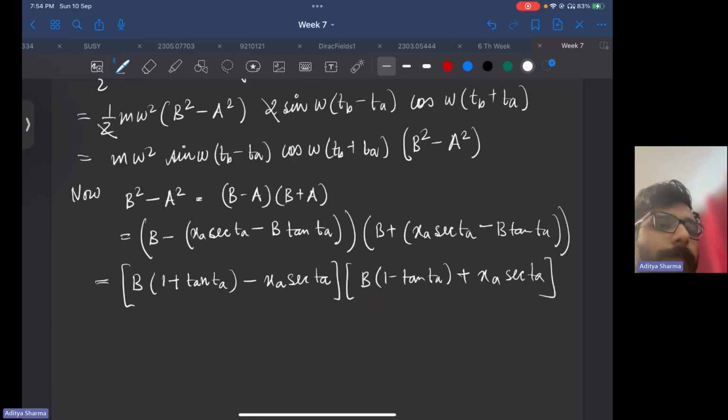Can 1 plus tan t be written in some other way? 1 plus tan t equal to 1 plus sin by cos is cos plus sin by cos.